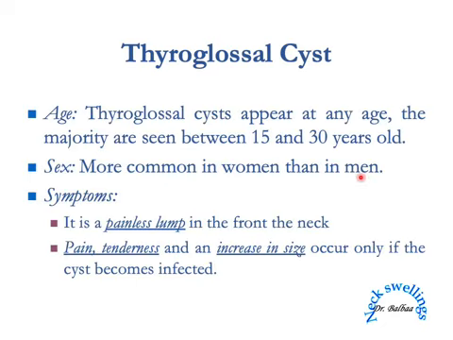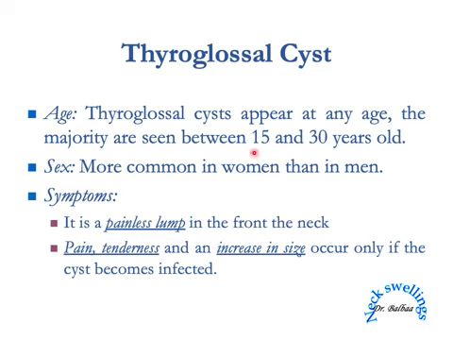How will the patient present? Again, the same as we said in a lot of congenital anomalies that we have already encountered, the main presentation will be not at the time of birth, but it will appear later on in life, maybe about 15, even 30 years of age.